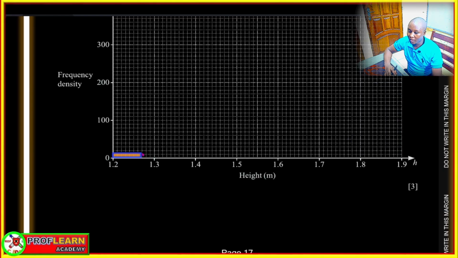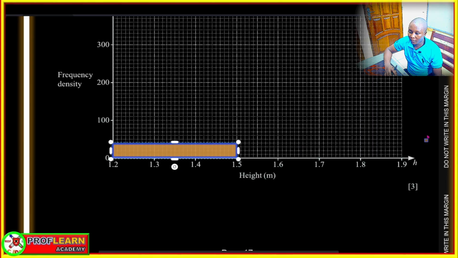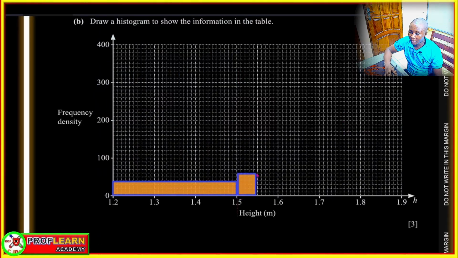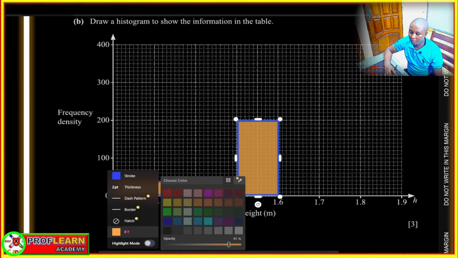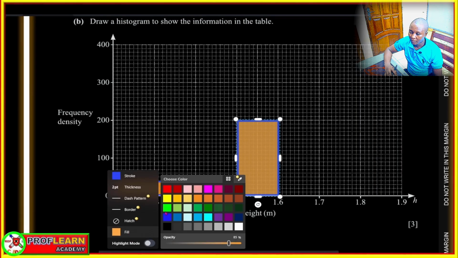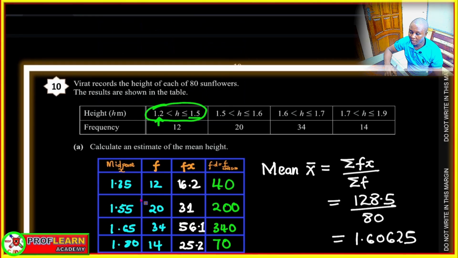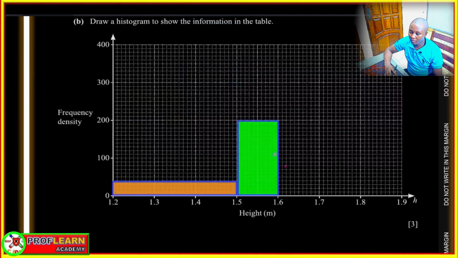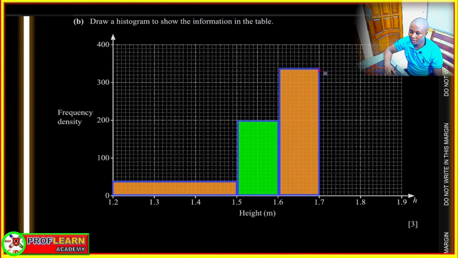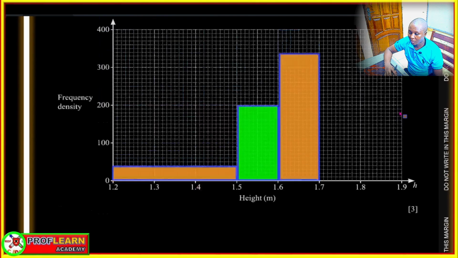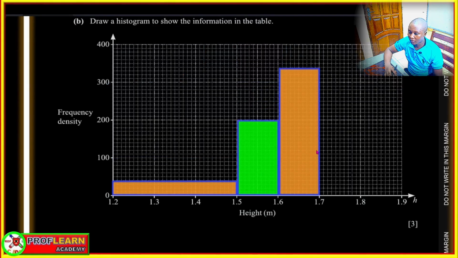All right, so moving to that, we are going to draw the first bar, checking what that was. The second one, we shall move up to that point. This one is 340. We move up to 340 somewhere here. This is 70, quite low. So 70 is approximately here.